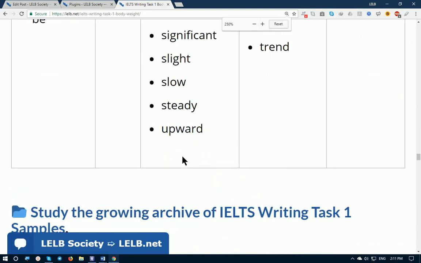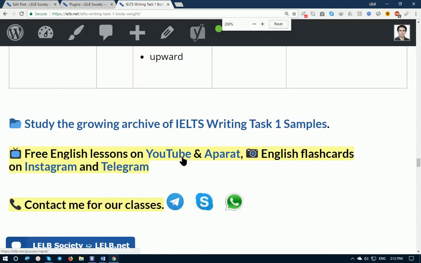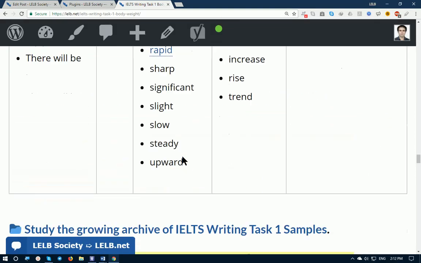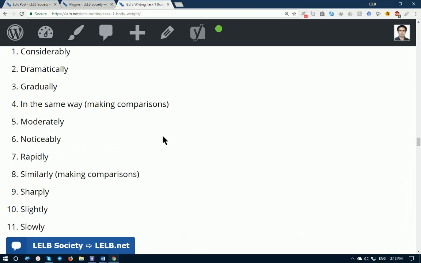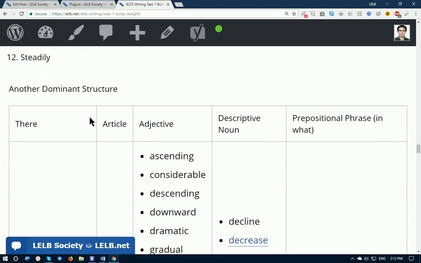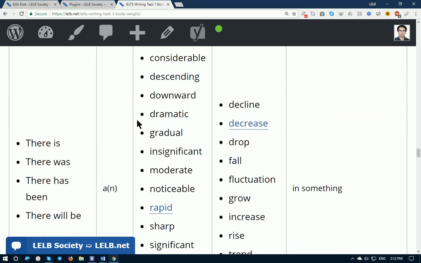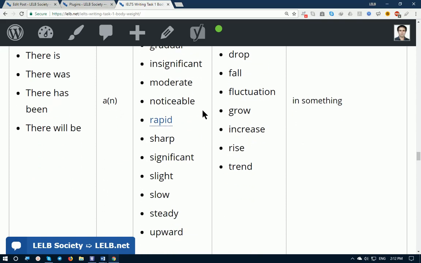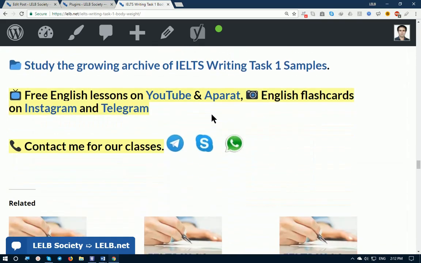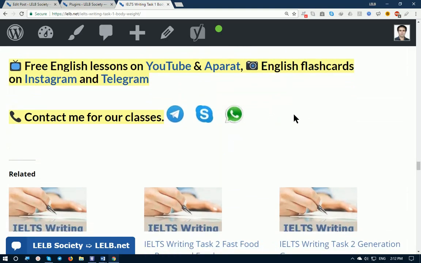And there is a table here, and in this table you can read about some dominant structures, phrases and collocations that are typically used in this task, IELTS writing task 1.